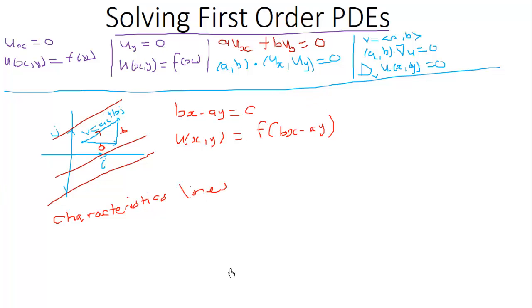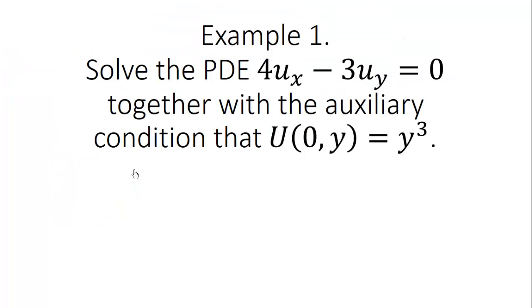So now let's take one example. So here is our very first example. We are solving for u sub x minus 3u sub y being equal to 0.